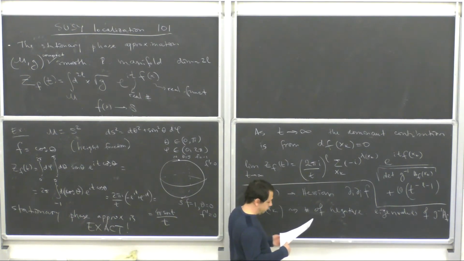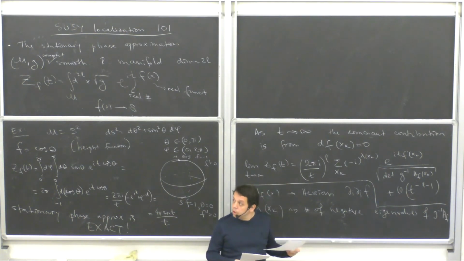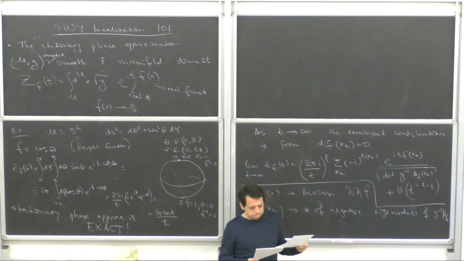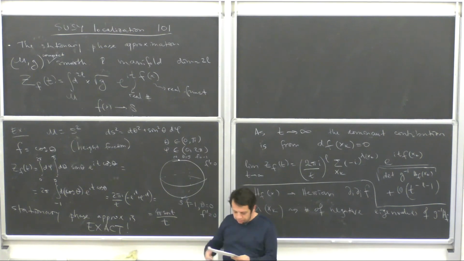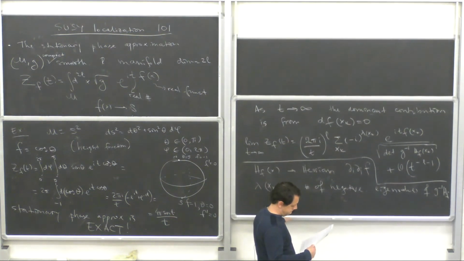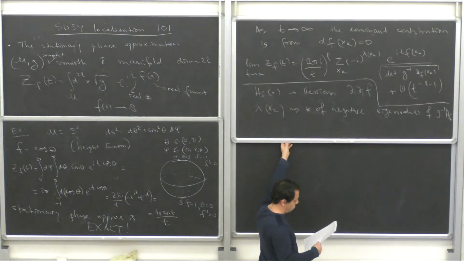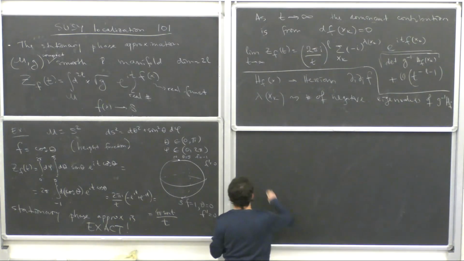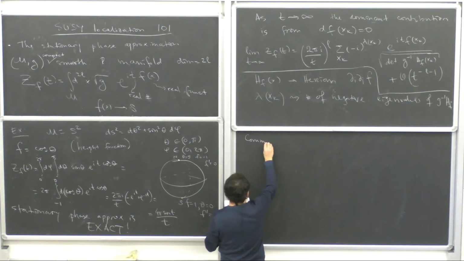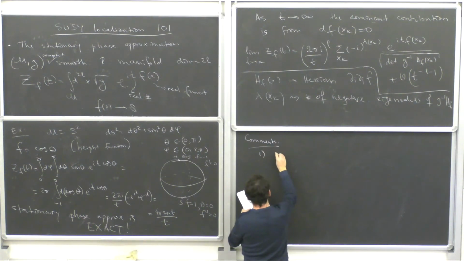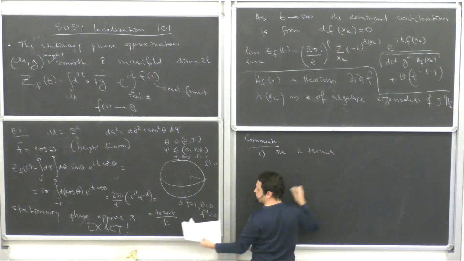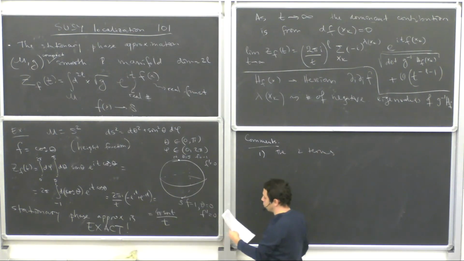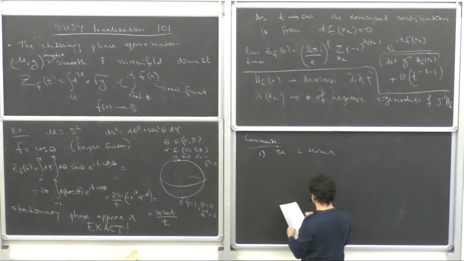Okay, before we go to physics, I want to make some comments on the mathematics here. So, comments. The first one is that these two terms, this one and this one, correspond to the two stationary points.